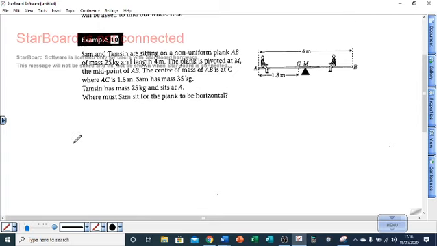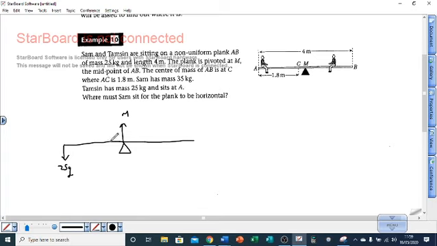Right, so I'm just going to do a quick sketch of this. So there's the plank AB, and that's sitting right at the center. That is M. Tamsin has 25 kilograms and sits at A, so that's 25G to make it a weight.